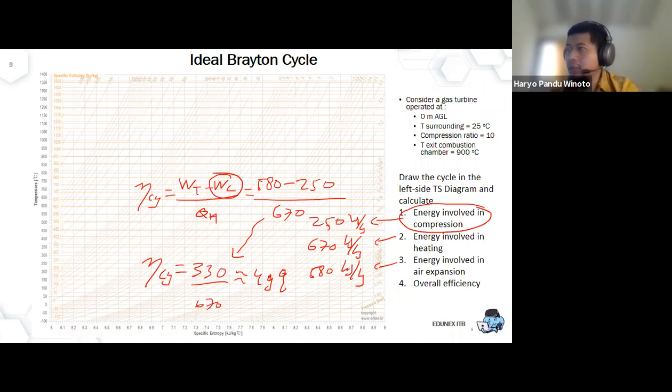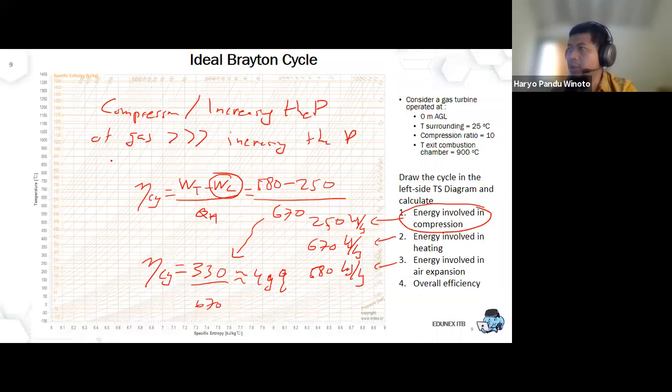Compressing, or increasing the pressure, of a gas always consumes more energy compared to increasing the pressure of a liquid. Keep this in mind.